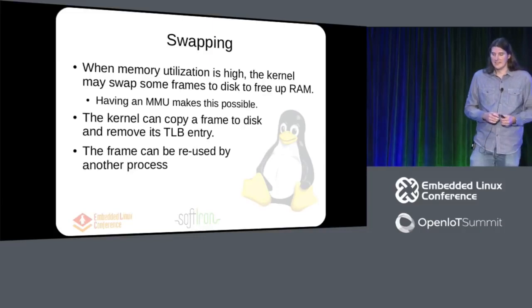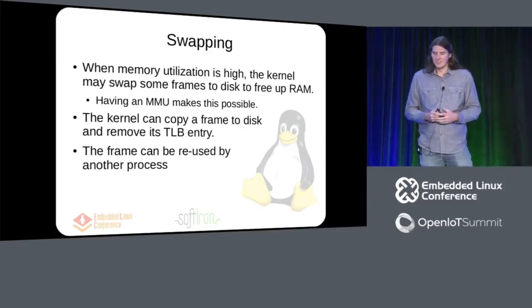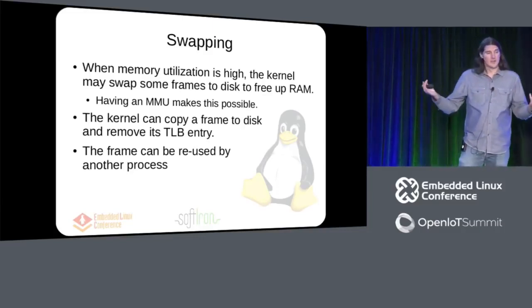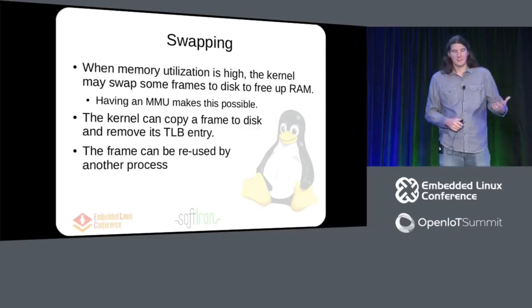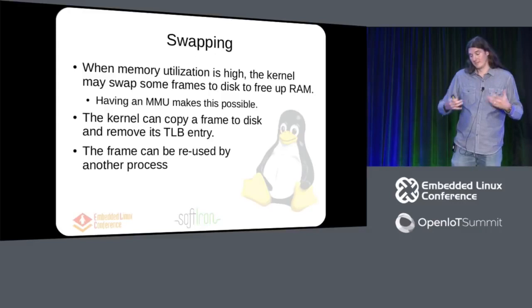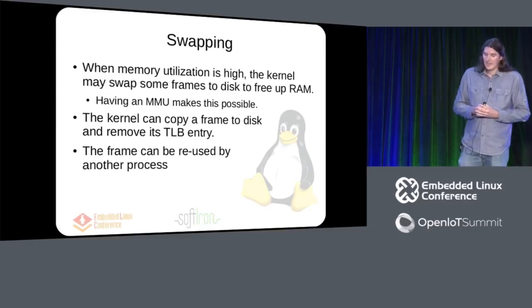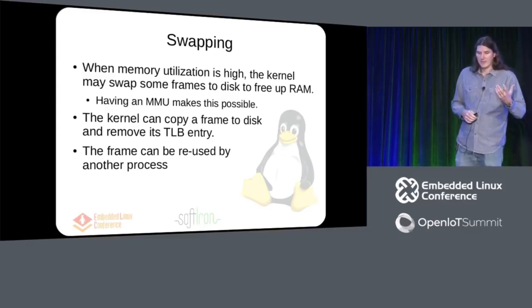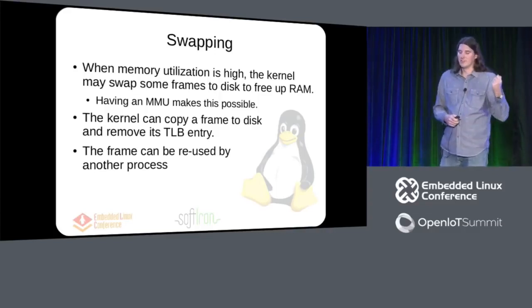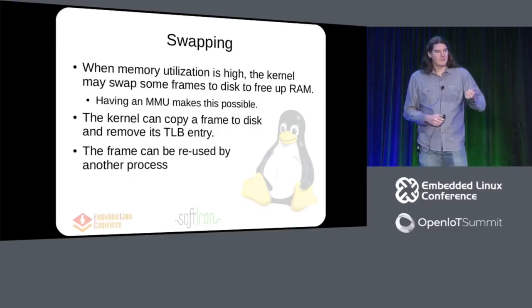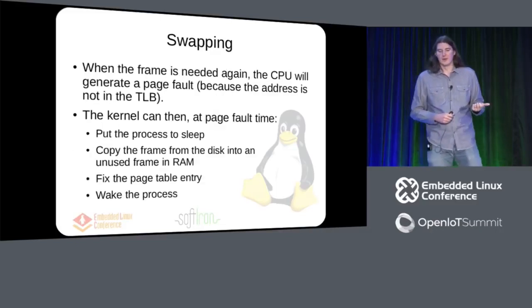So let's talk about swapping to disk. When memory utilization is high, the kernel may swap frames to disk, of course. We've all seen this happen. Having an MMU makes this possible. During a swap operation, the kernel will copy a frame to disk and then remove its TLB entry, so that physical frame can be reused by another process.